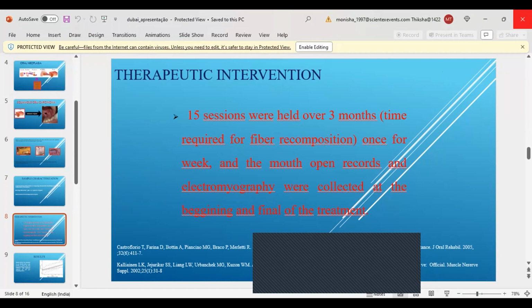Therapeutic intervention: 15 sessions were held over 3 months. According to the literature, this time is the minimum established so that morphological changes in muscle fiber can be consolidated. Maneuvers were performed once per week, and the mouth opening records with electromyography were collected at the beginning and the end of treatment.